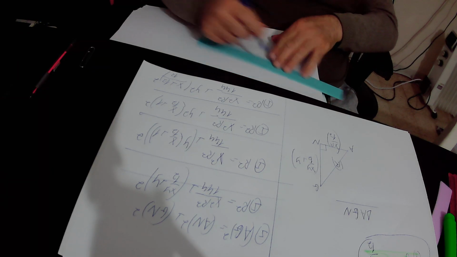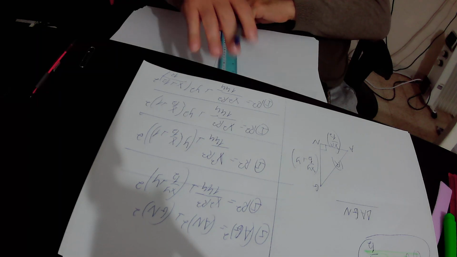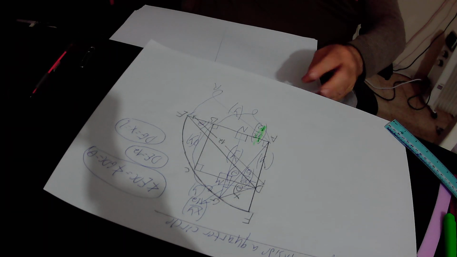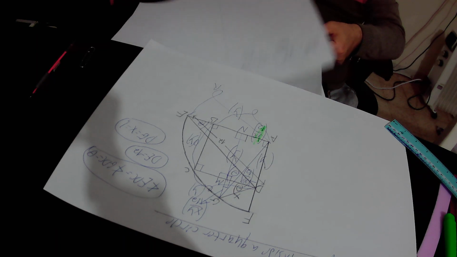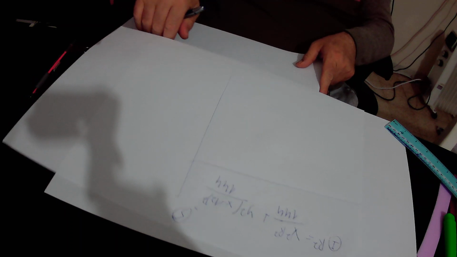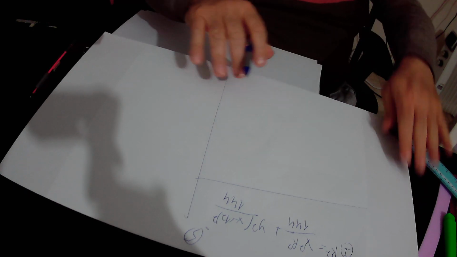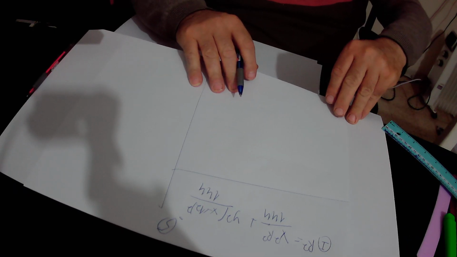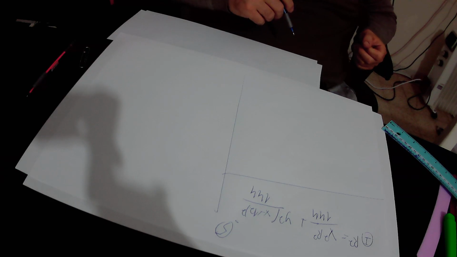So we actually found out that according to equation 1, R squared equals x squared times R squared over 144 plus y squared times (x plus 12) squared over 144.